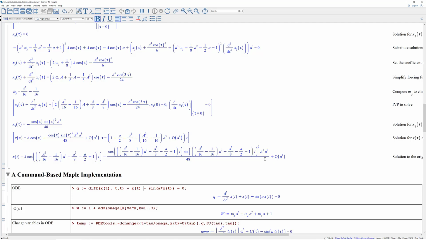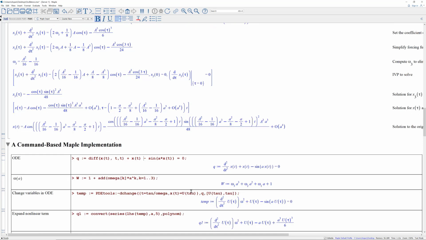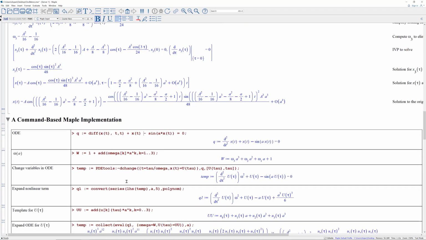So here is the differential equation. Here is the expansion of omega as a function of a. You can see what that symbol represents. This is to change your variables. Use PDEtools DChange to change variables.